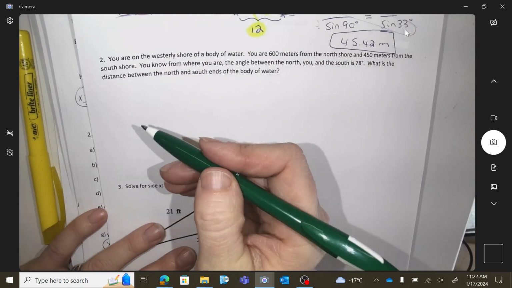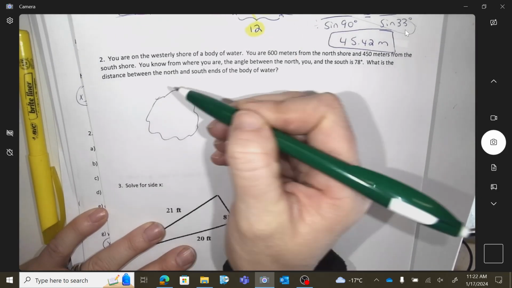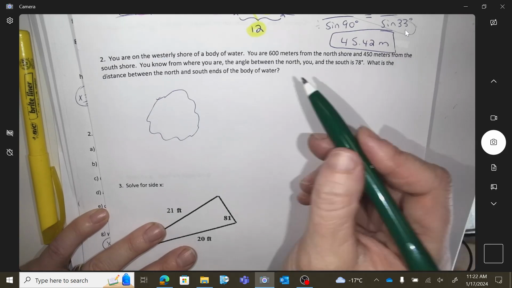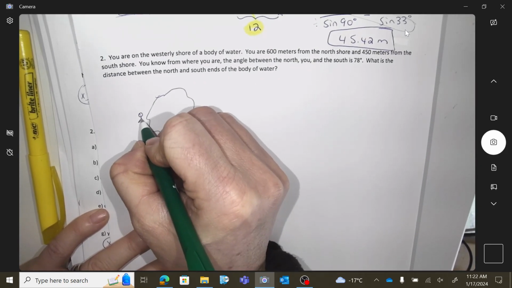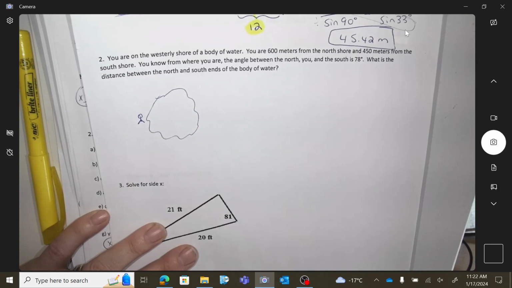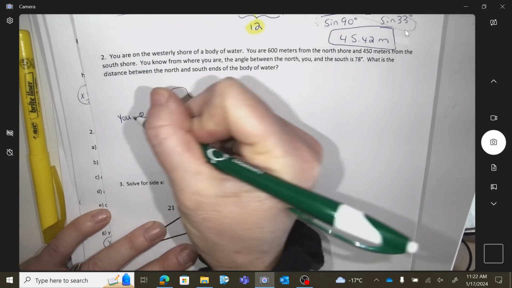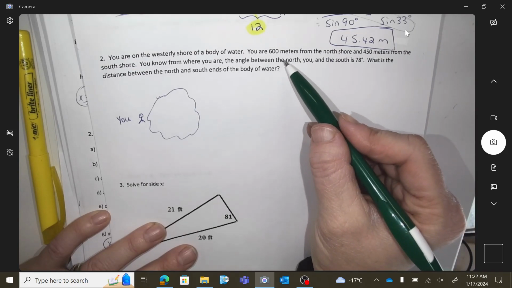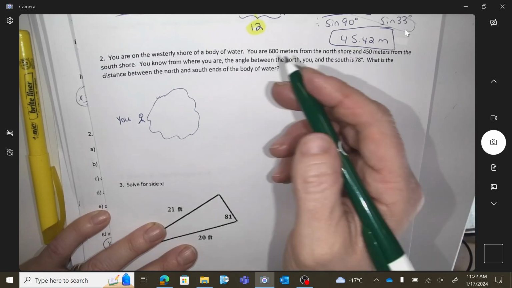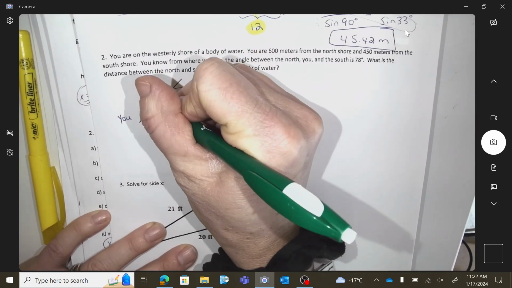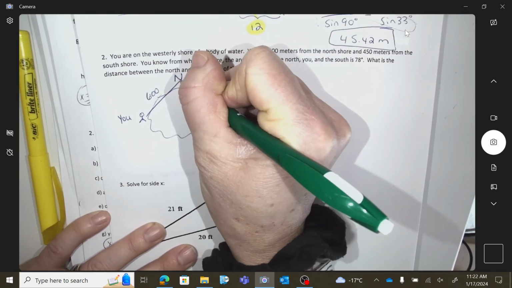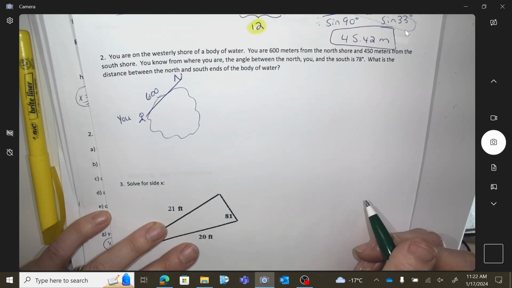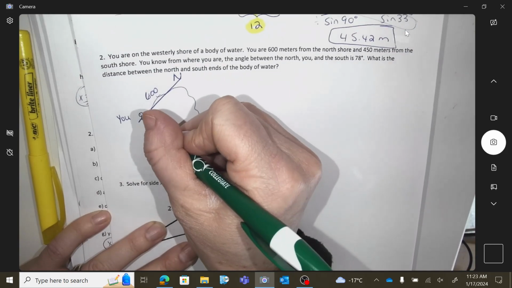Okay, number 2. There's a lake or something, body of water. You are on the westerly shore. That's the west. You are 600 meters from the north, and you're 450 meters from the south.